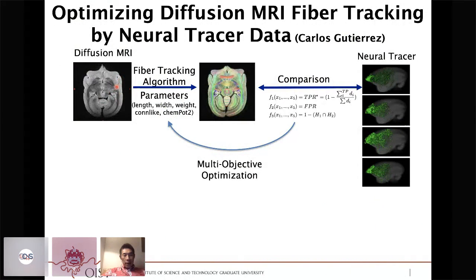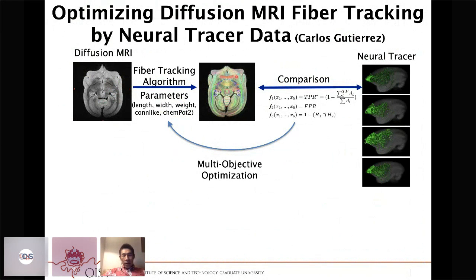If there are myelinated nerve fibers, diffusion of water is constrained to the direction of the fibers. From that information, we can estimate the local direction of the fiber running. And by concatenating those fiber directions, we can draw a kind of global connection of the brain areas.